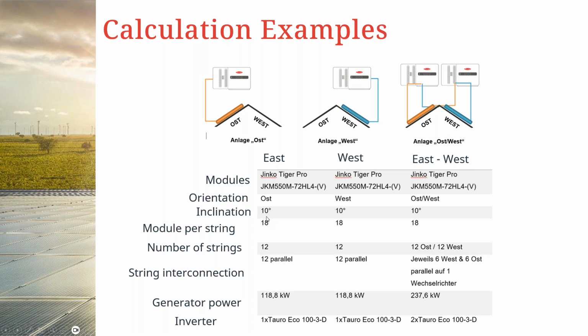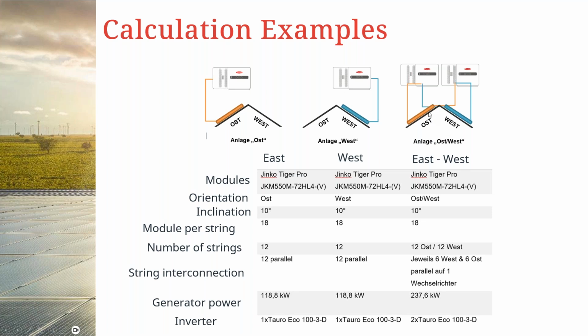Details are all here. The inclination angle, as you can see, is 10 degrees, 18 strings, and then 18 modules, and then we have 12 strings of modules connected in this manner. So for the east-oriented modules, generation was 118.8 kilowatts, same as the west-oriented panels.